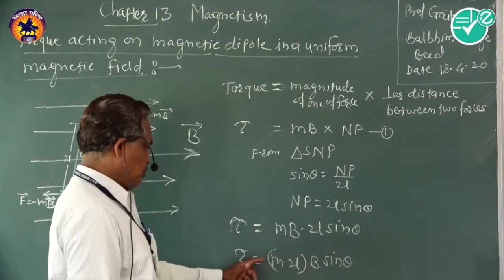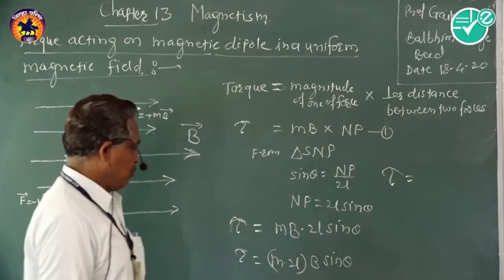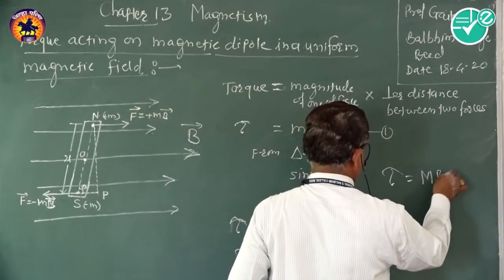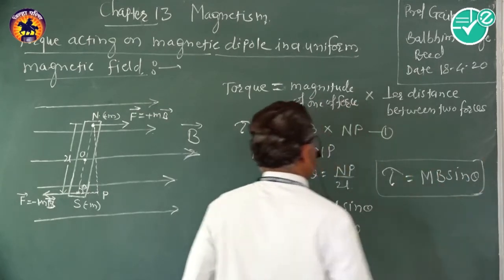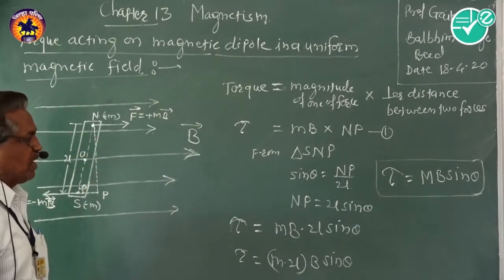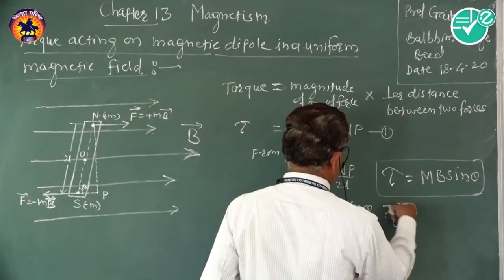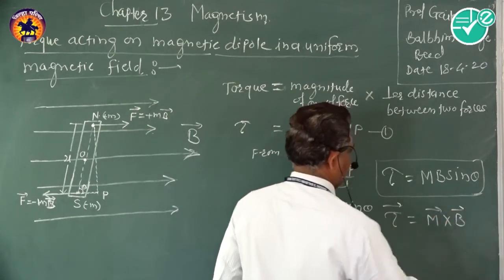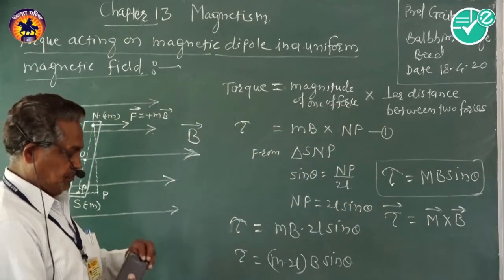Now using this value, the torque acting on the magnetic dipole is given by tau is equal to MB sin theta. This is the final expression for the torque acting on a magnetic dipole kept in the external magnetic induction. In vector form, this equation can be written as vector tau is equal to vector M cross vector B.